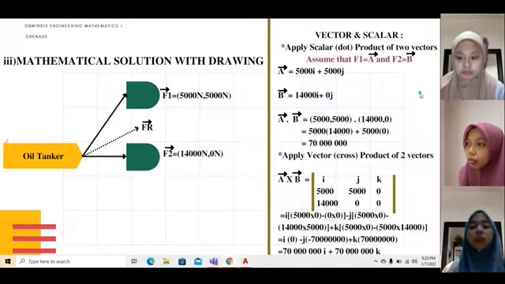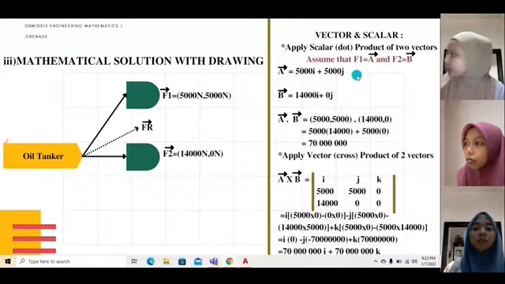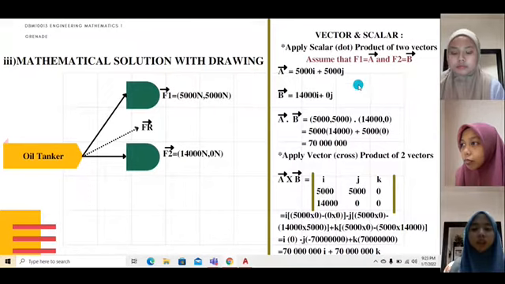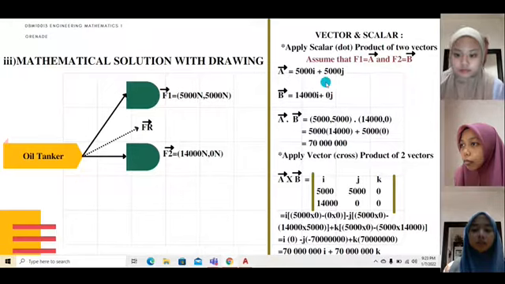So now we will move to the vector and scalar topic. Now I would like to apply the scalar dot product of two vectors. First thing first, we need to assume that force 1 is equal to vector A and force 2 is equal to vector B. Vector A is equal to 5000 i plus 5000 j. i and j are the Cartesian notation for vectors.